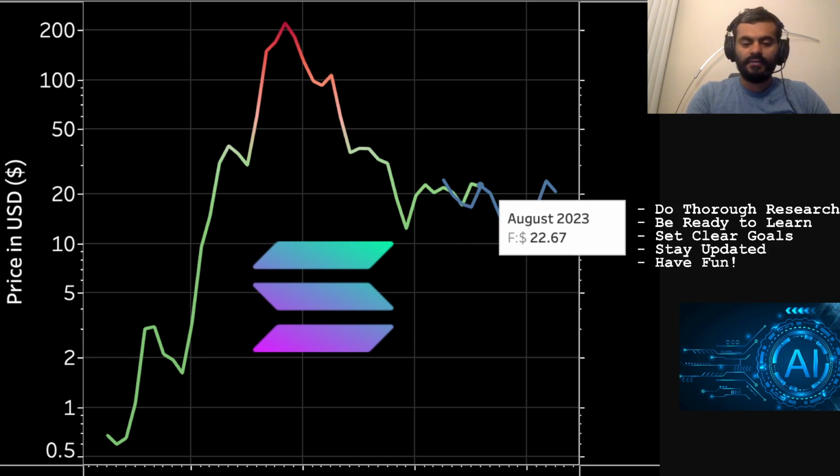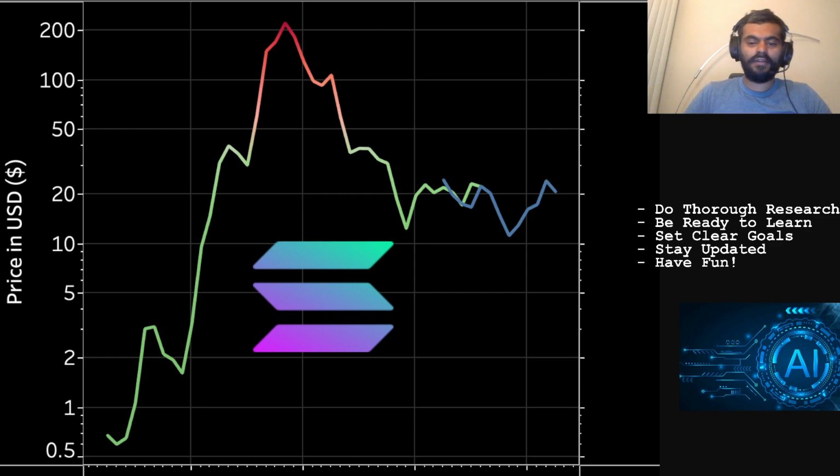So that's why we didn't feel the need to make a substantial change to the model, just updated it with recent values. And let's check what the AI based forecast tells us for Solana with those updates to the model.